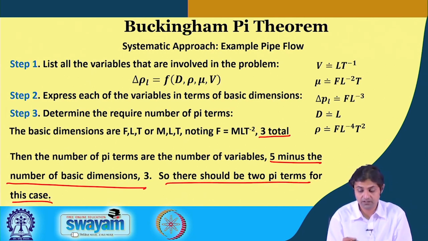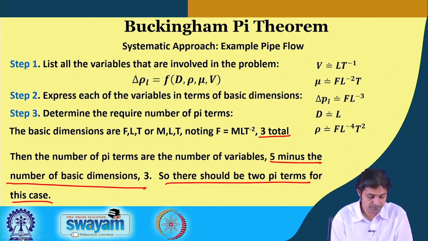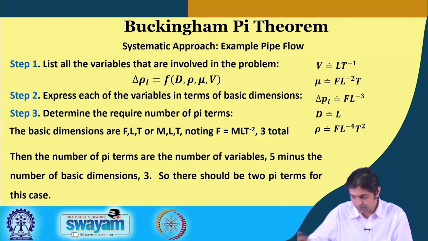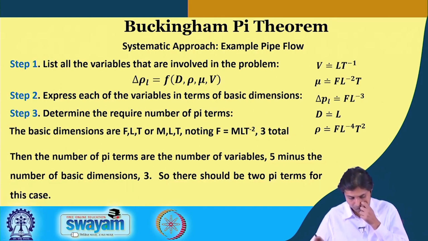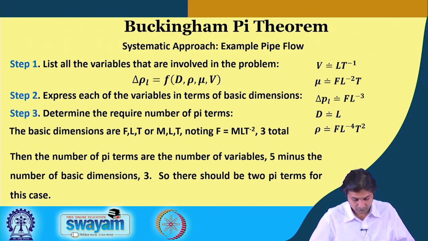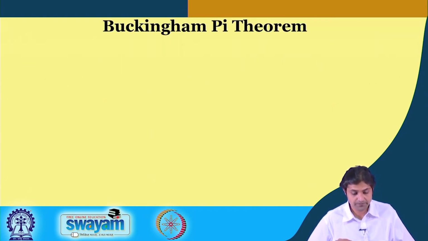We have already written it and seen it. All right. So, 3 steps we have done. First step was writing all the variables, second writing their dimensions, and third determining the number of pi terms. These form the very crucial first 3 steps.